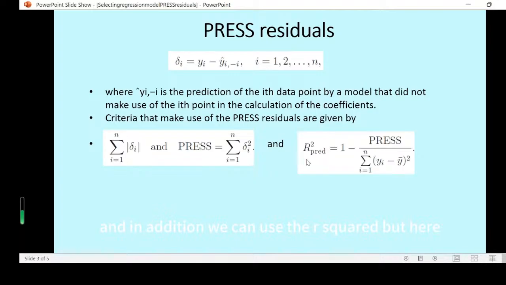In addition, we can use R squared, but here it is called prediction R squared. It is the coefficient of determination, but we use delta i here, so it is the PRESS residual sum of squares instead of SSE in the usual case. This value is also between 0 and 1.